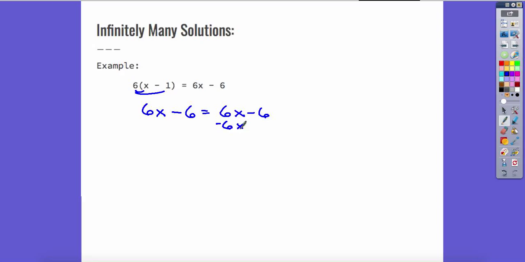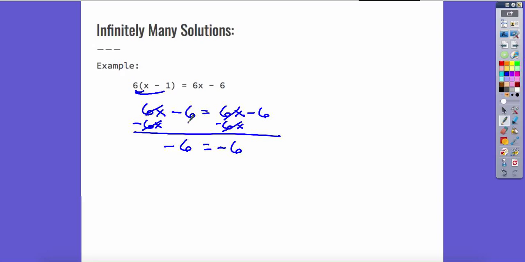I'm going to move my 6x over here so that I have my x terms grouped together. And they're going to cancel, and I'm going to be left with negative 6 on this side of my equal sign. Over here, I'm going to have negative 6. 6x minus 6x is also going to cancel again. And what's left is this negative 6.